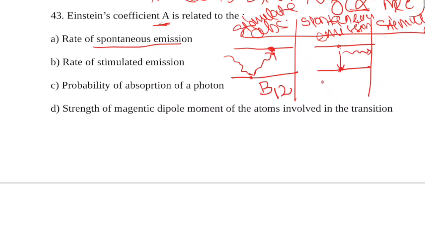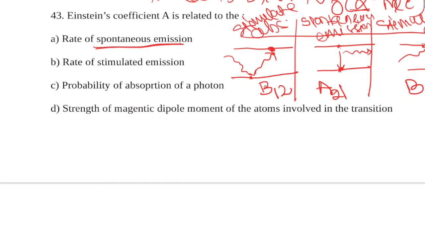Okay, so here the Einstein coefficient is A21. Okay. Next, stimulated emission. So by absorbing a photon, it is coming to the ground state by releasing an extra photon. So here the Einstein coefficient is B21. Okay. So coefficient A is related to the spontaneous emission.